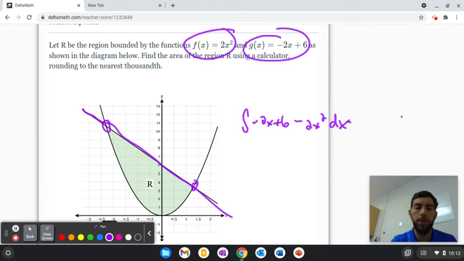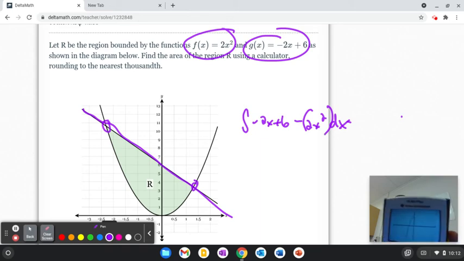I should put that in parentheses, just a good habit, minus parentheses 2x squared. And your graph should look like this, right? Just a parabola. Then we need to find the zeros, because that's going to be the intersection points for our limits. So first one, left bound, move it below, enter, right bound, move it above, enter, enter.